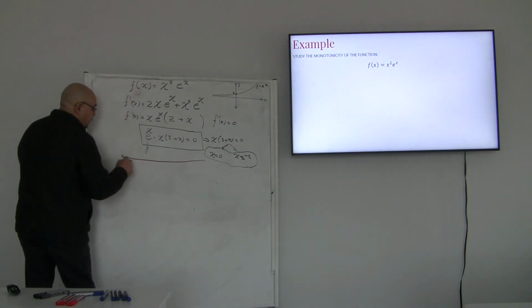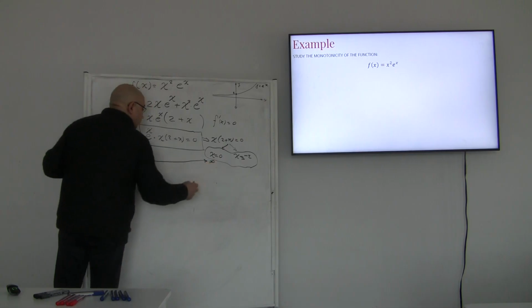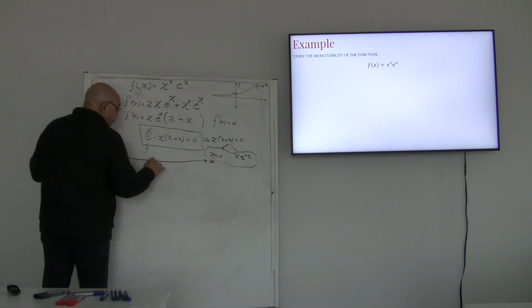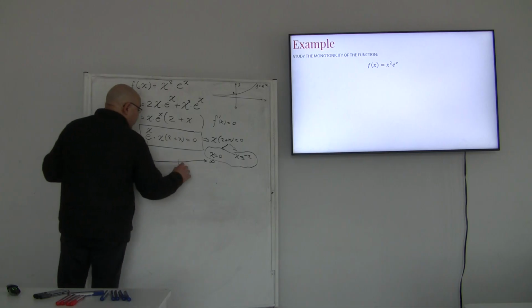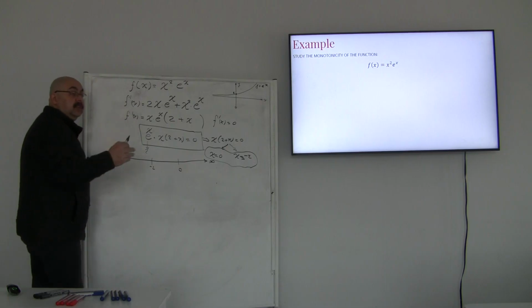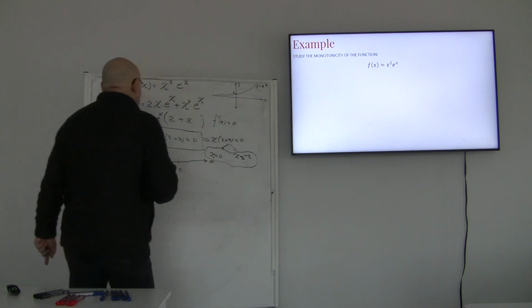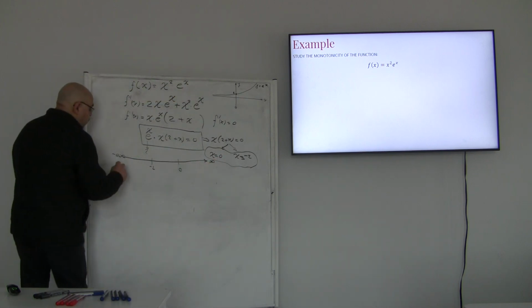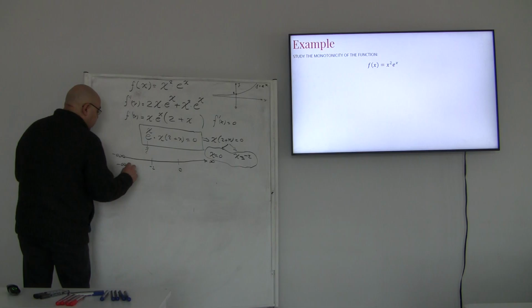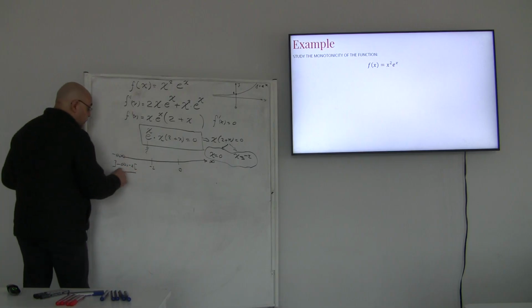Okay, I will go to the x-axis. This is the x-axis from negative infinity and it runs to positive infinity. The two critical points are negative 2 and 0. At these 2 points, the slope of the tangent of this function will be a horizontal line. So now I will study the domain from negative infinity up to negative 2 to see if the function is increasing or decreasing in this period.